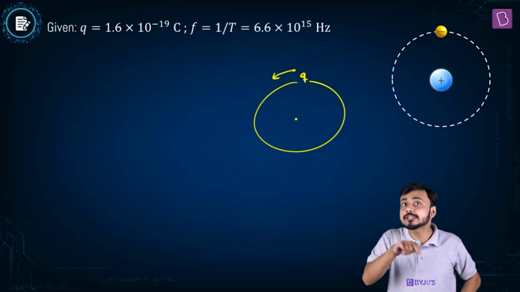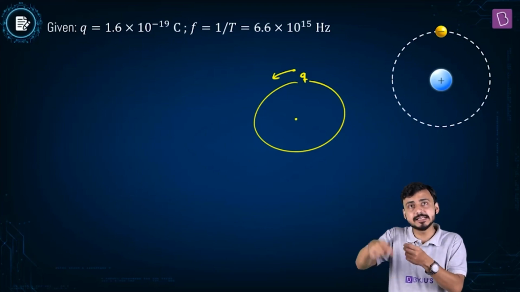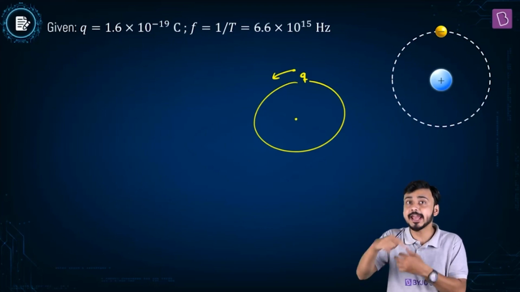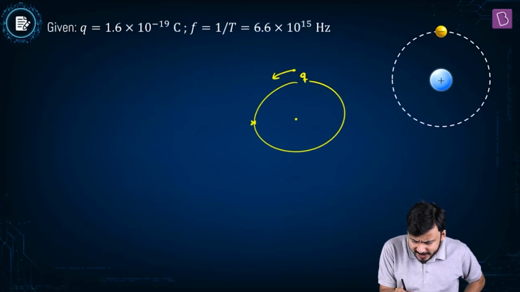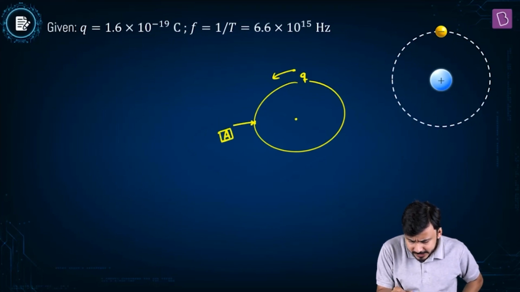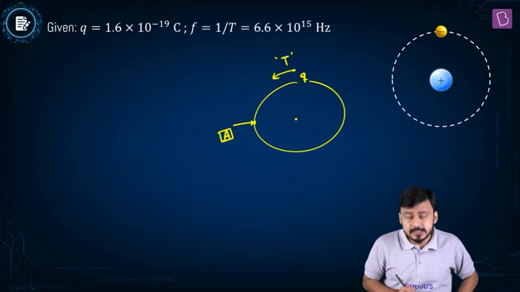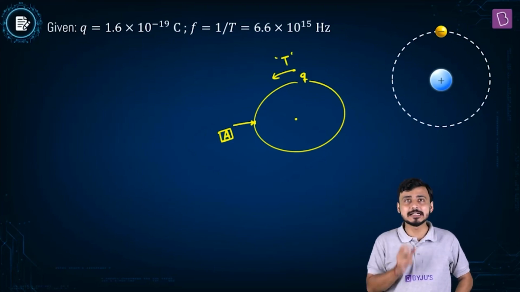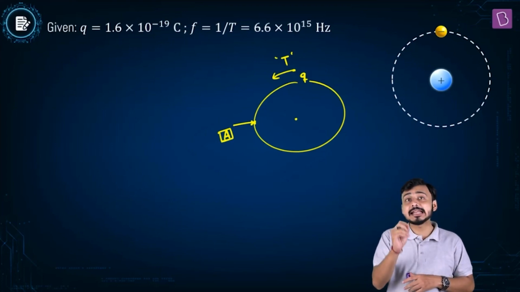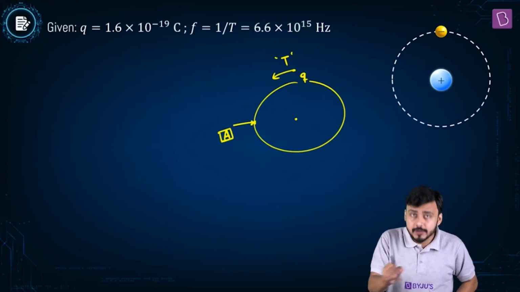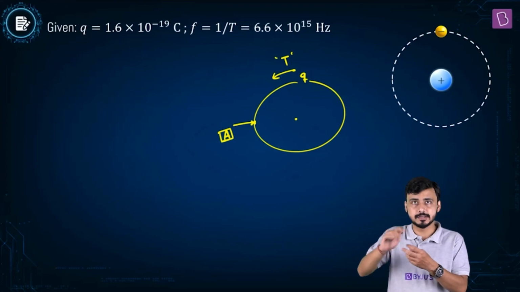When a charge q is passing through the circular path again and again, let's take a point A over the circular path. Now let's suppose it has a time period of capital T seconds. That means it takes capital T seconds to revolve a complete circle, right?